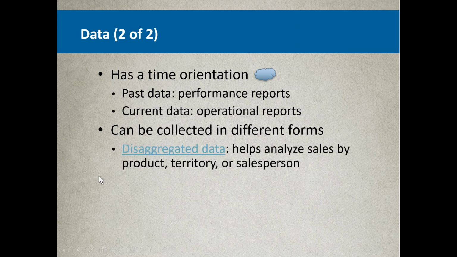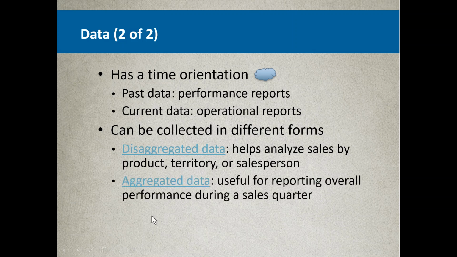All right, so data can be collected in different forms, in a sort of unorganized or uncollected or disaggregated form, which helps like the sales by products, then by the territory and by salespeople. So it's not really aggregated.